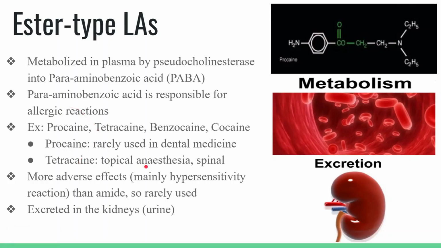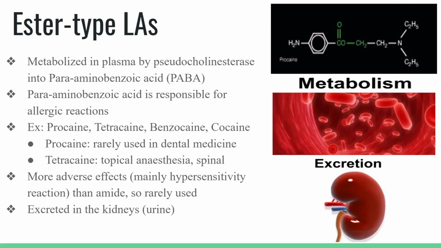Tetracaine is used sometimes in topical anesthesia or in spinal anesthesia. Now, as we will see shortly, the ester type local anesthetics are almost completely discontinued from medical use. We don't use them because, as we said, the production of para-aminobenzoic acid is very dangerous. A lot of patients have severe hypersensitivity reactions.